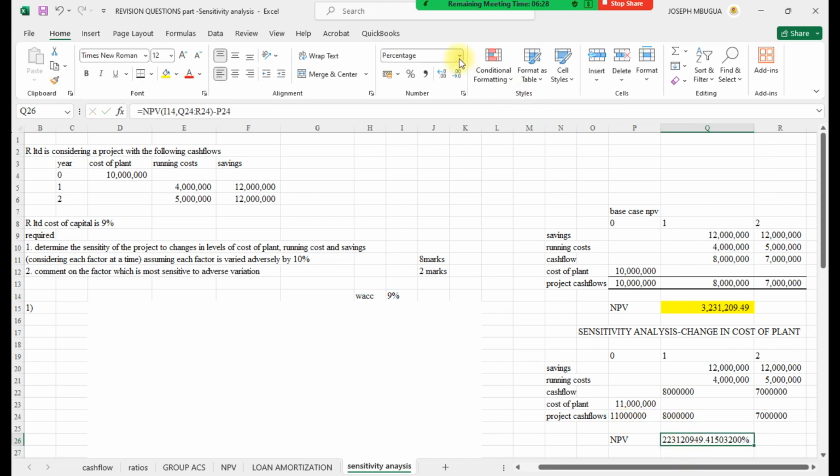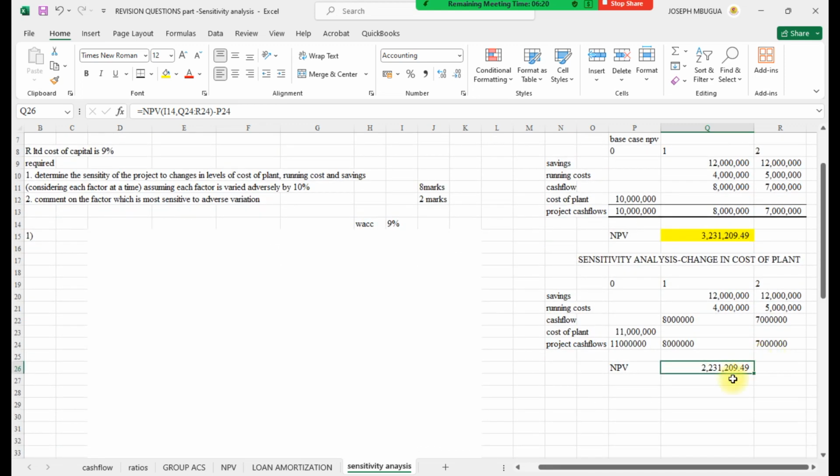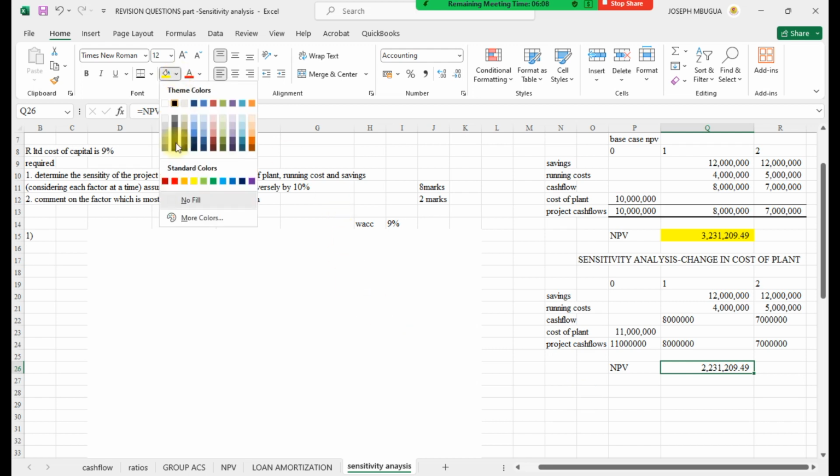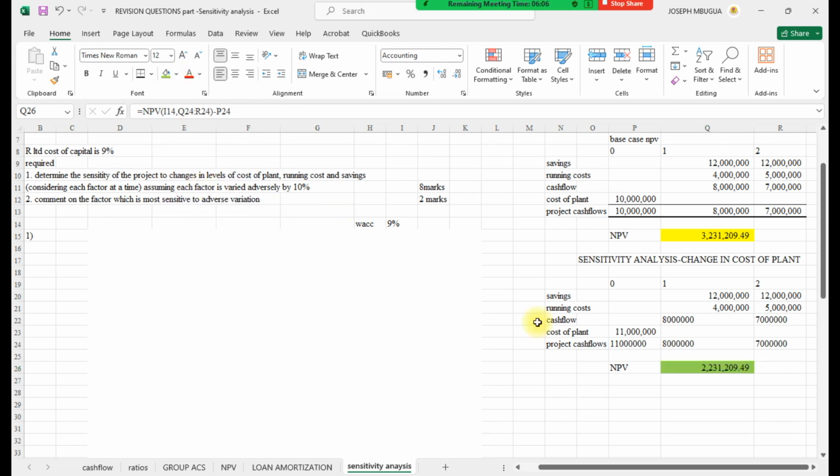I convert this value back to numbers, and I'll show this. You'll find that now if we change the cost of plant adversely by 10, our NPV becomes 2231. Can use a different color just to show that.